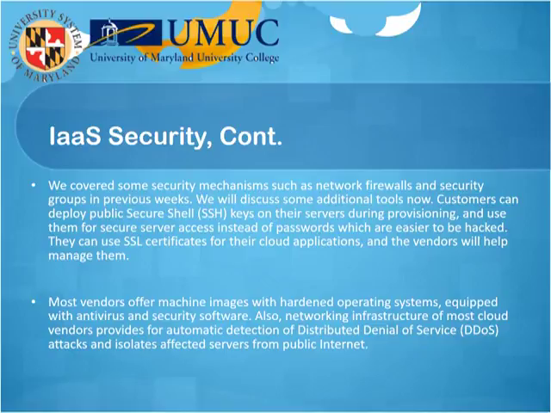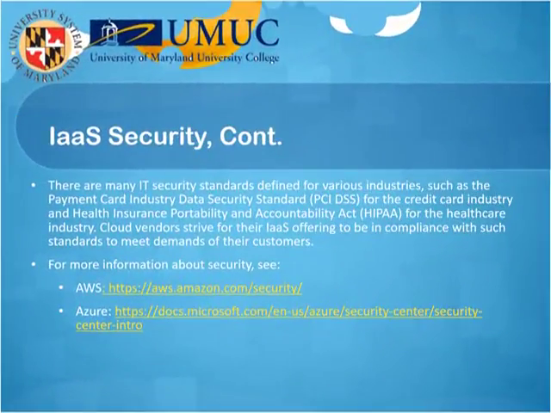Also, the networking infrastructure of most cloud vendors provides for automatic detection of distributed denial of service or DDoS attacks and isolates affected servers from the public internet. There are many IT security standards in different industries, such as Payment Card Industry Data Security Standard or PCI DSS for the credit card industry, and Health Insurance Portability and Accountability Act or HIPAA for the healthcare industry.